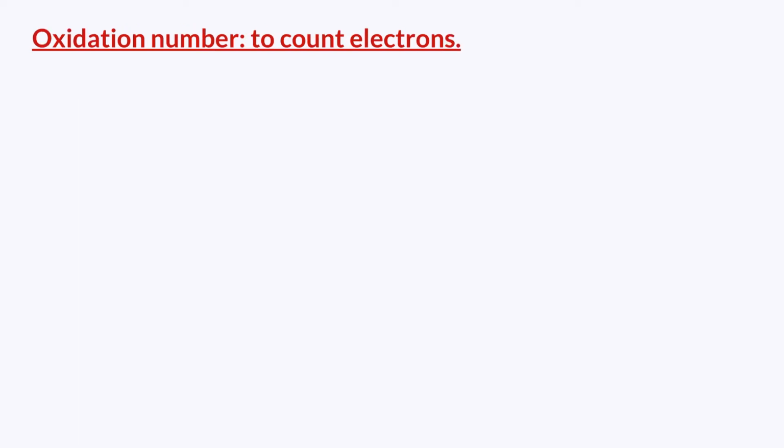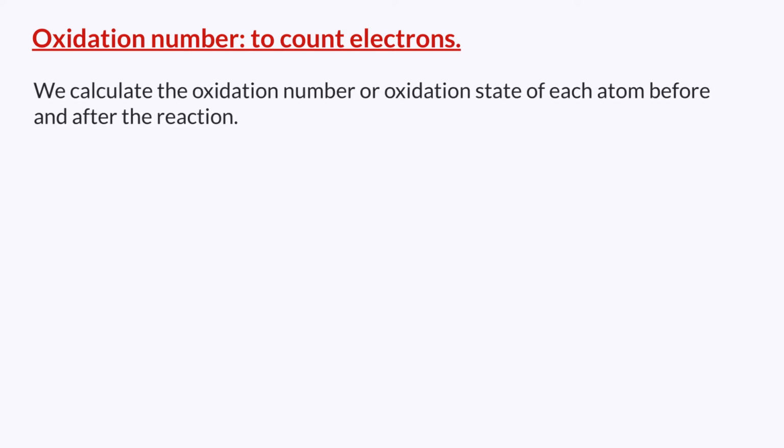What we do is the following. We calculate the oxidation number or oxidation state of each atom before and after the reaction. For example, in the given reaction, we calculate the oxidation number of magnesium and chlorine before and after the reaction.